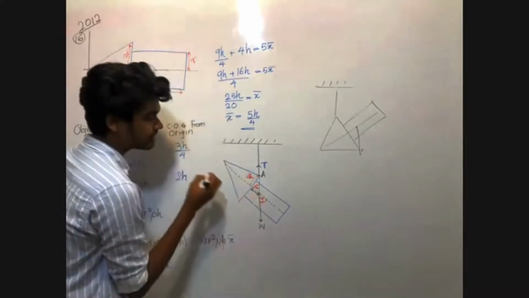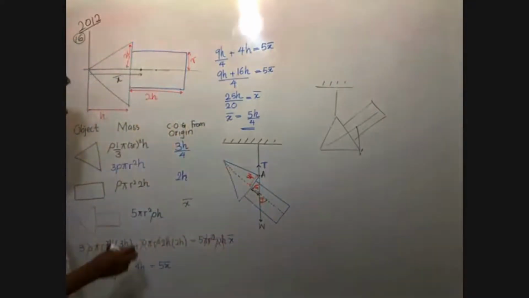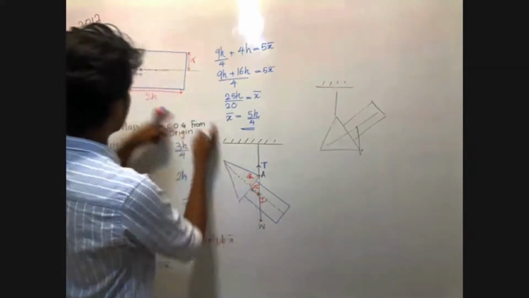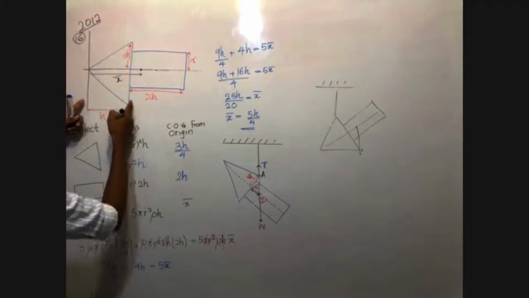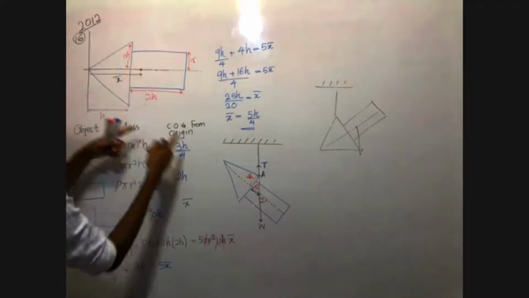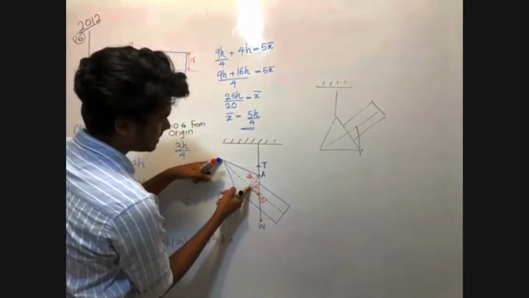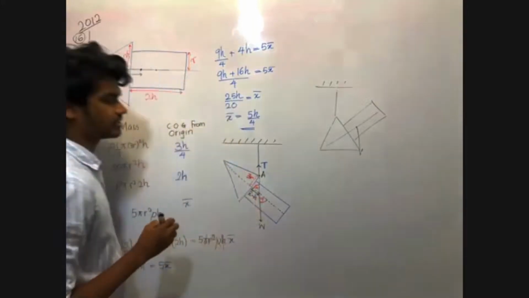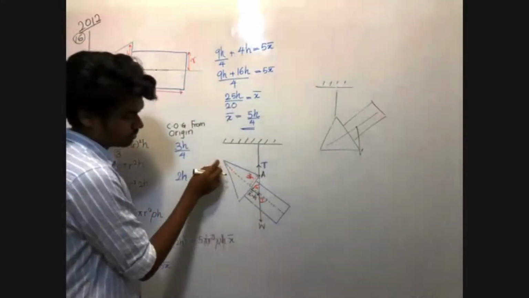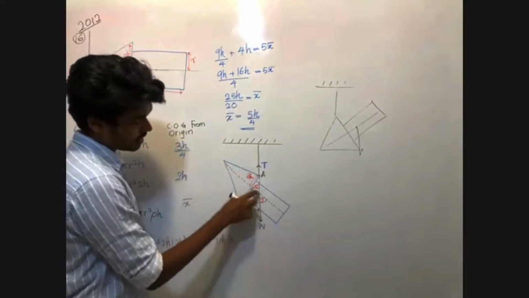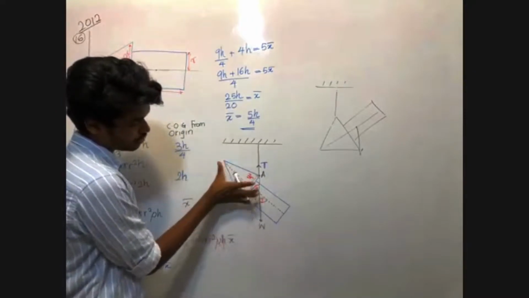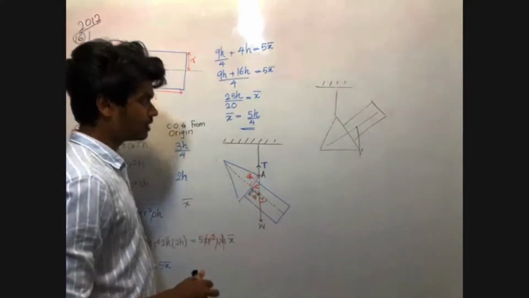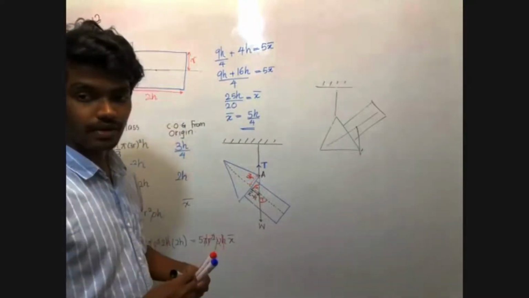That is x bar minus h, right? This is x bar, this is h. So from x bar, if you subtract h, you are going to get this length. I guess it's clear.